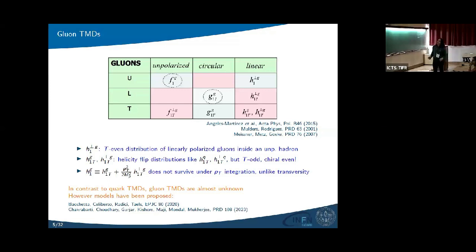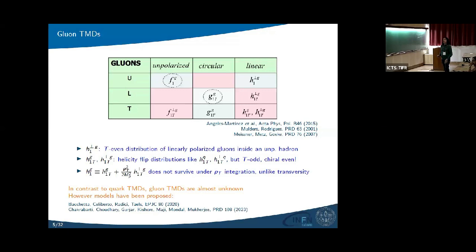So when I have plus-plus or minus-minus gauge links, I have the WW. And in the case of T-even distributions, like the unpolarized or the linearly polarized gluons, plus-plus and minus-minus have to be the same. The dipole one with the plus-minus gauge link is equal to minus-plus, but these two rows cannot be compared to each other. They are, in principle, different objects.